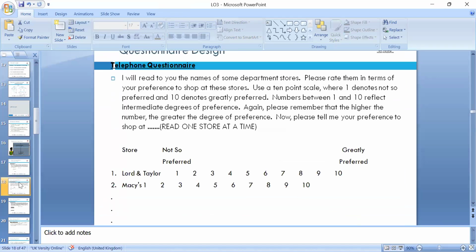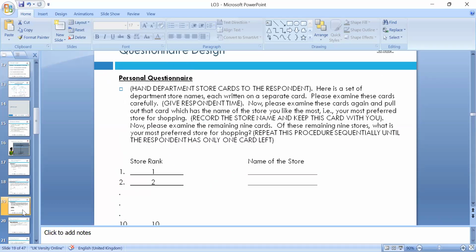Maybe you can rate them 1 to 10, greatly preferable in terms of quality. Using a scale is quite good.